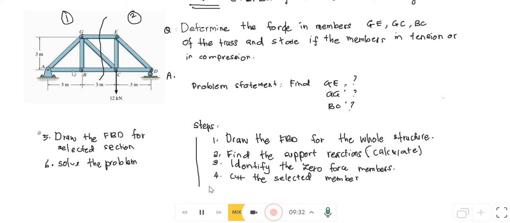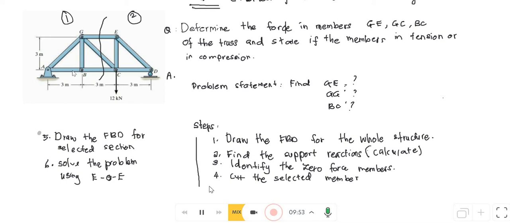Solve the problem using equations of equilibrium. So you can use ΣFx, ΣFy equal to 0 and moment equal to 0.